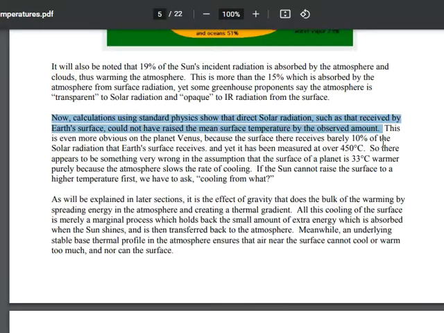He then goes on to say this is even more obvious on the planet Venus because the surface there receives barely 10% of the solar radiation that Earth's surface receives, and yet it's been measured at over 450 degrees Celsius.